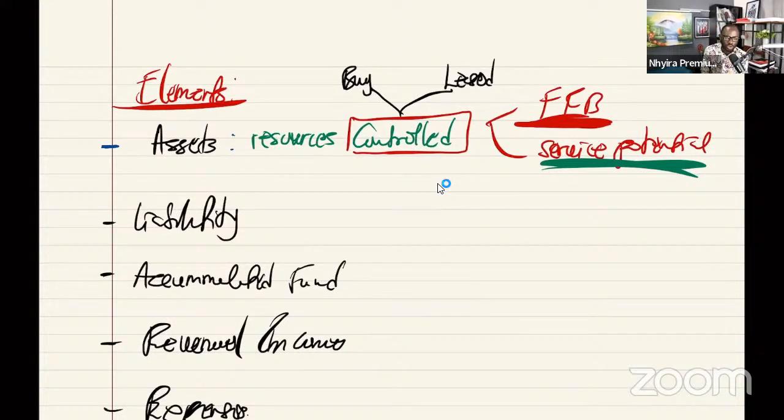Now, if they own the assets, but it is used by another government agency, then certainly they cannot recognize it in their books. That agency instead must recognize it in its books. So that is what we mean by assets. Resources controlled by an entity as a result of past events from which future economic benefits or service potential flows to the entity.